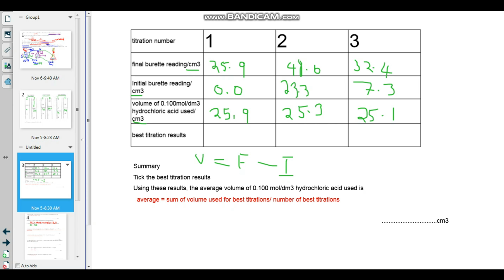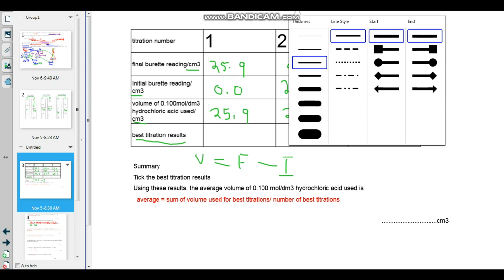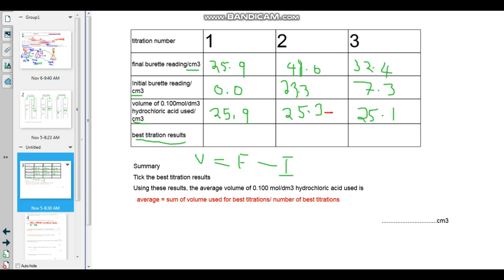And then the last row says you should take the best titration results. The best titration results are those that are close to one another. When you look at your results, you will note that the difference between these two readings is 0.2.